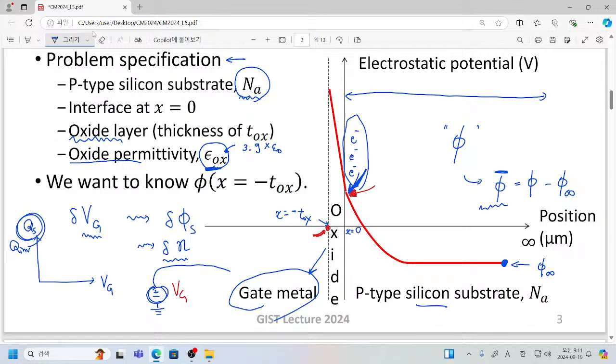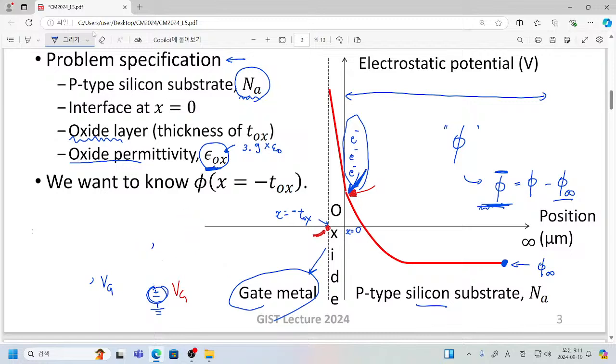Sometimes it is closely related with band bending if we represent it in terms of an energy variable. However, anyway, this is the electrostatic potential referenced to the deep substrate. Now we want to know what is the boundary condition for our electrostatic potential at this point. Which point? Yes, this point.